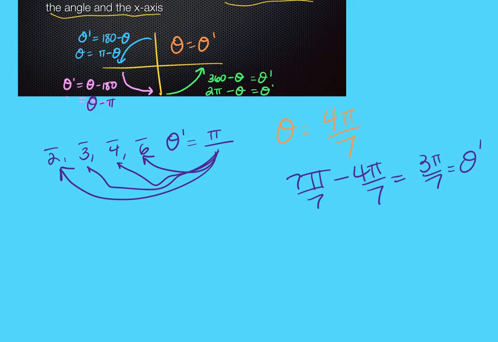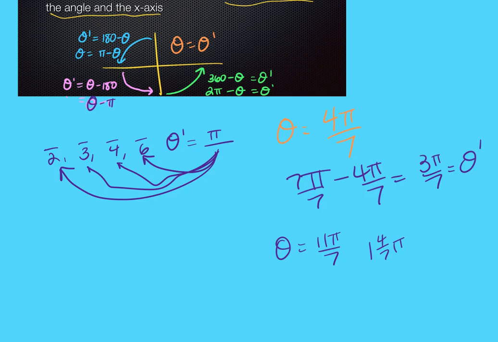If I had said, let's say theta is 11 pi over 7, now I know I'm definitely in third or fourth, but I want to see where it's cut off. So I'm going to take 11 over 7 and convert it into a mixed number. What's 11 over 7? 1 and 4/7 pi.